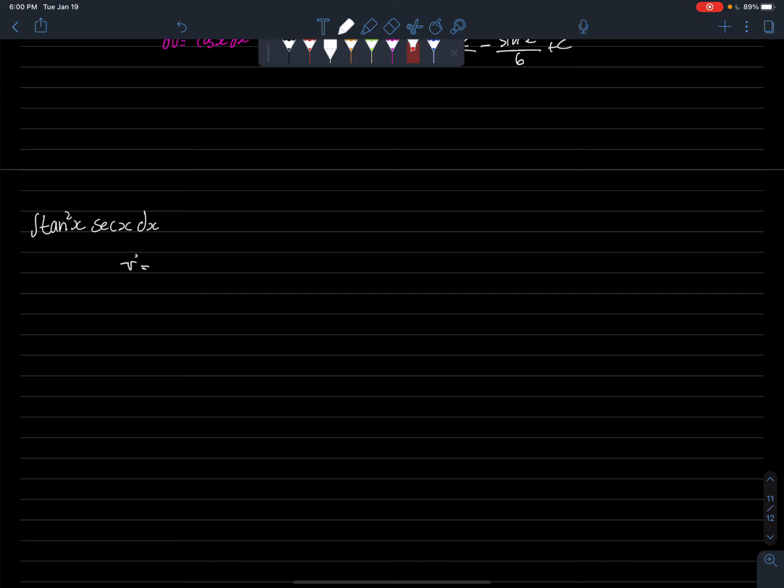v prime is tan squared x, v is secant x, right? u is secant x, du is secant x tan x dx. uv is equal to what? uv is going to be secant x secant squared. Is that right?